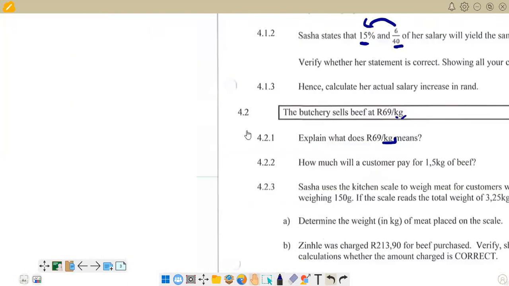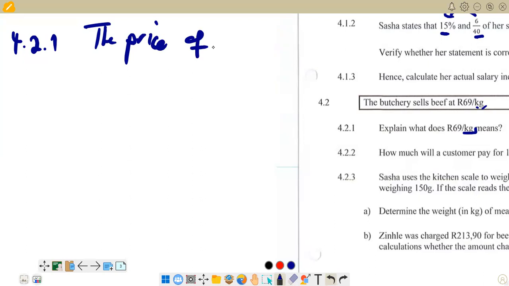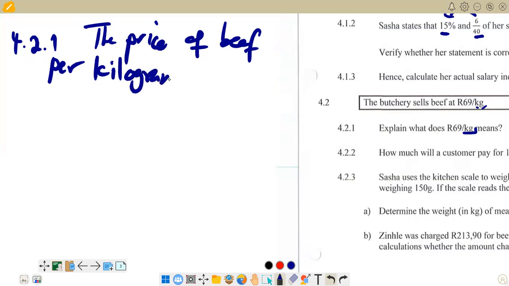For 4.2.1, the explanation that we can give is that the price of beef per kilogram is 69 rands.